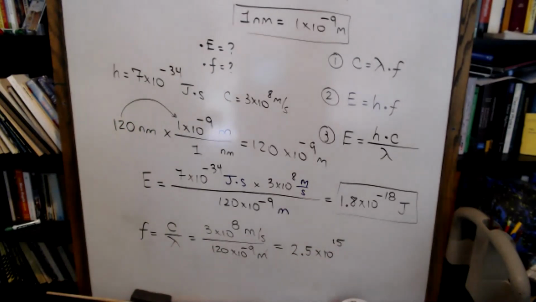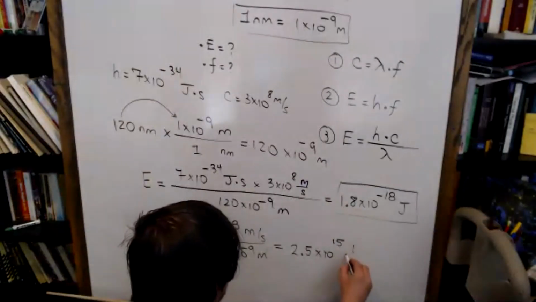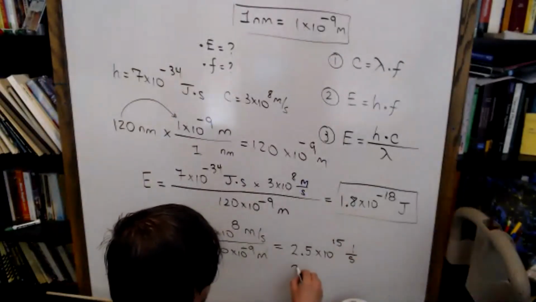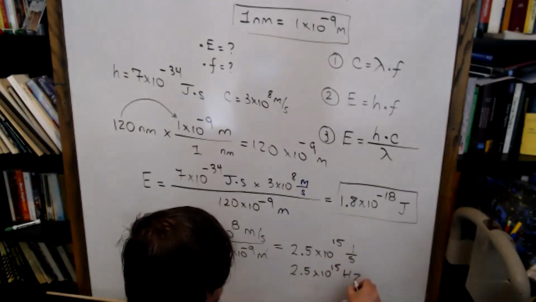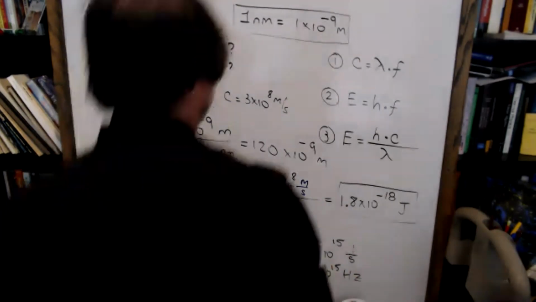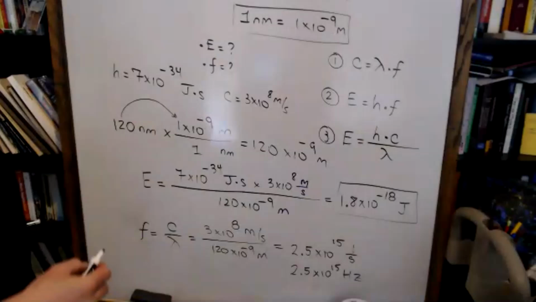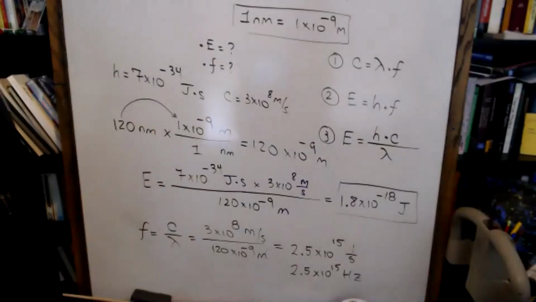Wouldn't it be 1 over seconds? Yeah, 1 over seconds, which is the same thing as 2.5 times 10 to the 15 hertz. And that would be the answer for frequency. Cool.